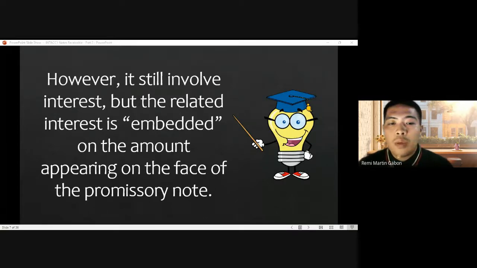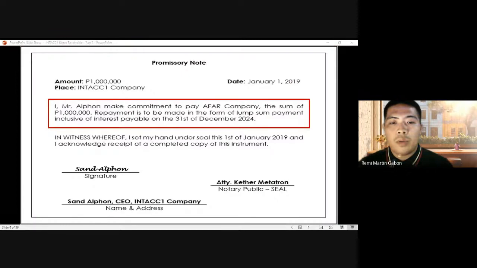If we are going to go back with the example of the promissory note, assuming the promissory note is interest bearing, the amount of 1 million does not include interest yet. That's why when we compute for the interest, we base the interest on the face amount by multiplying a stated rate. So on that aspect pa lang, magkaiba na si promissory note na interest bearing at saka non-interest bearing.